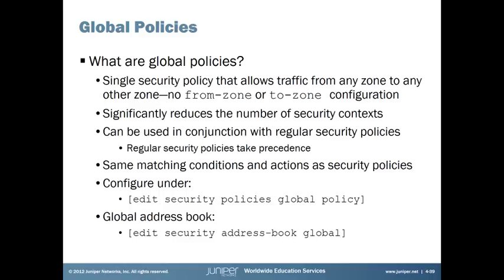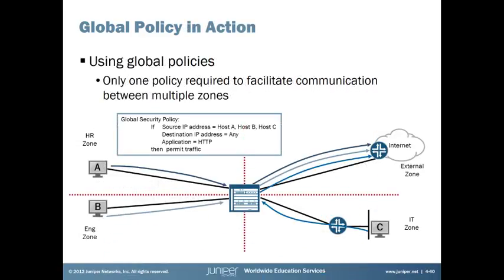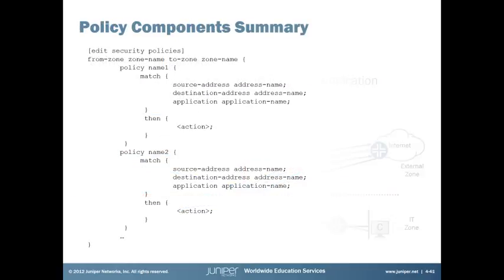We can create a policy that just encompasses multiple zones. It's just used to simplify a situation where maybe you would have to create 3 policies, or we can simply do it with just the one. It's kind of a global policy kicks in.